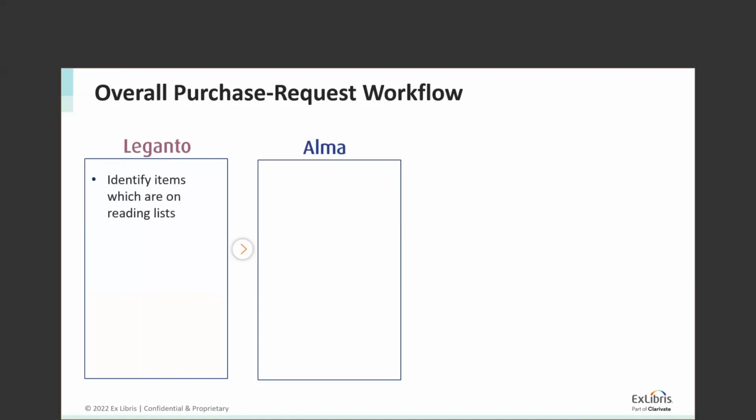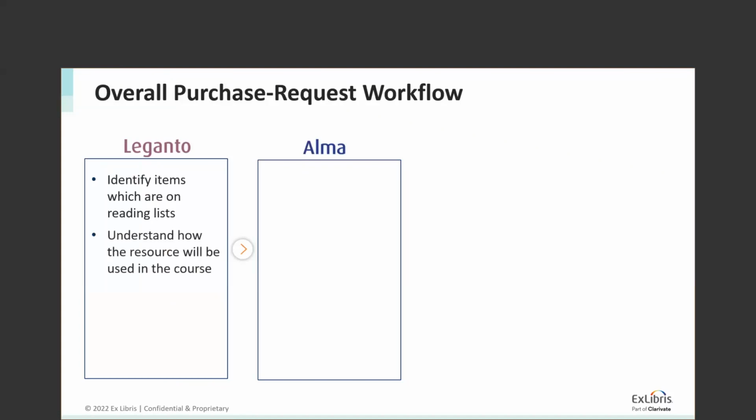So on the Leganto side, the interface that your instructors are using, Leganto is a great tool for identifying which resources are used in courses. What are instructors using, and in which courses? Have they been tagged as essential?